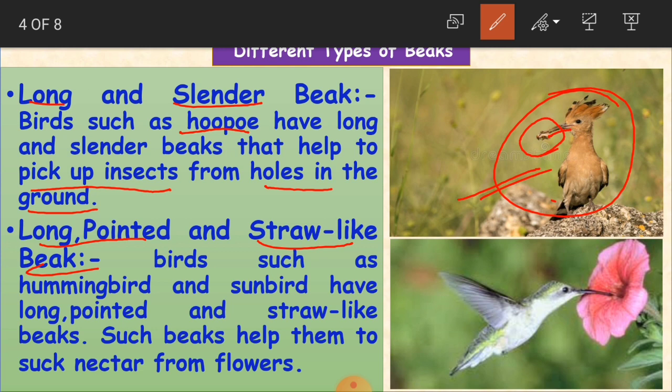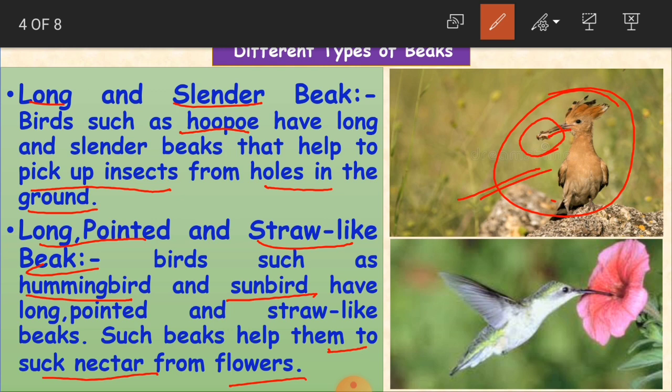So here also, some birds have got a straw-like beak. Birds such as hummingbird and sunbird have long pointed and straw-like beaks. Such beaks help them to suck nectar from flowers.